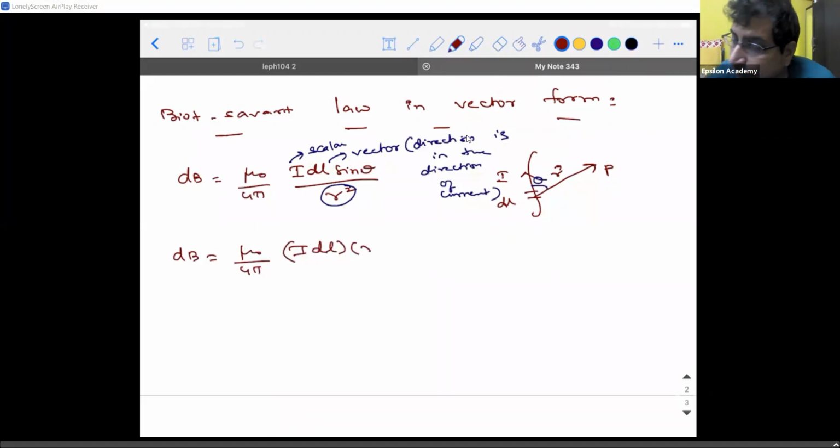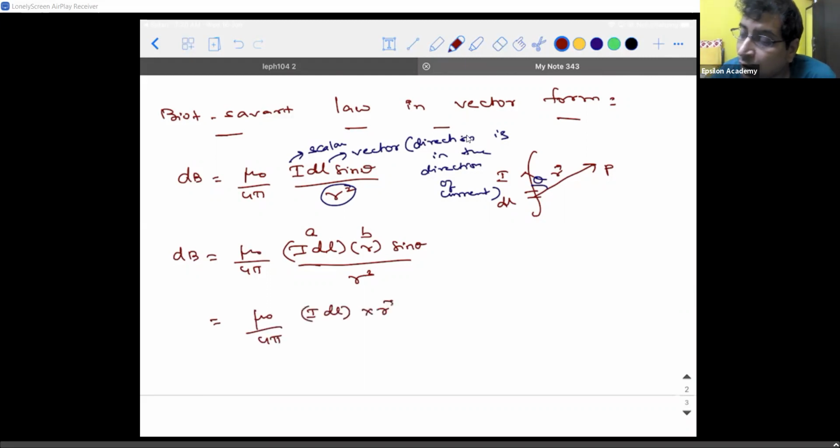I'll multiply with r and divide it with r so that it becomes Idl into r sine theta divided by r cube. So if I take this Idl as A, r as B, this AB sine theta is what is going to give you A vector cross B vector. So mu naught divided by 4 pi into Idl cross r divided by r cube is going to be the vector form of the magnetic field.